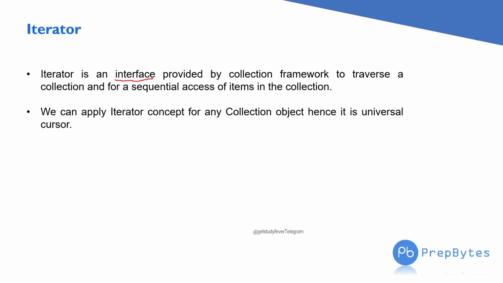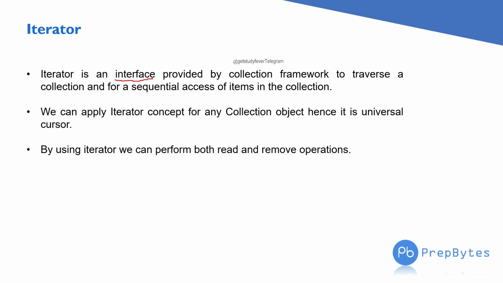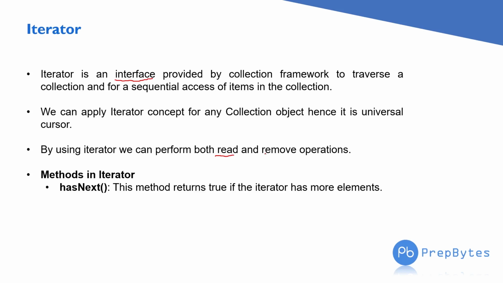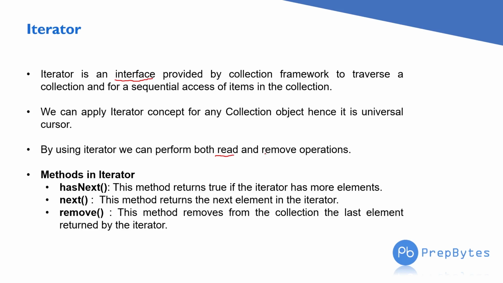Enumeration is a legacy classes cursor, but iterator is a universal cursor. By using iterator, we can perform both read and remove operations. By using a for each loop, we can do a read operation, but we cannot do a remove operation. But using iterators, we can also remove the object.